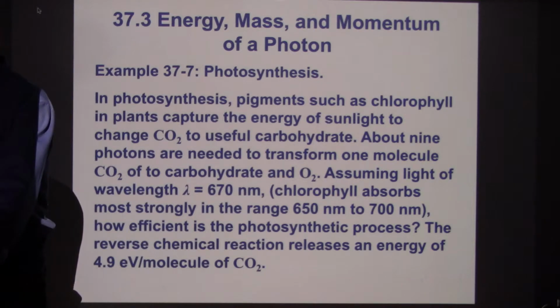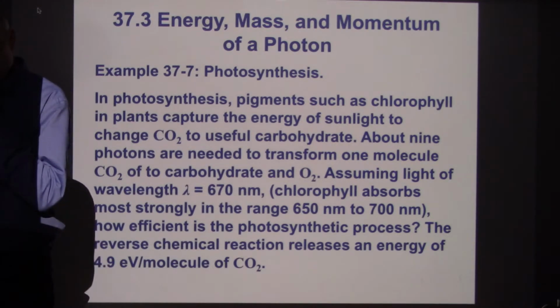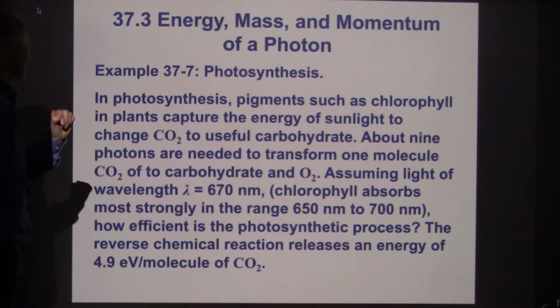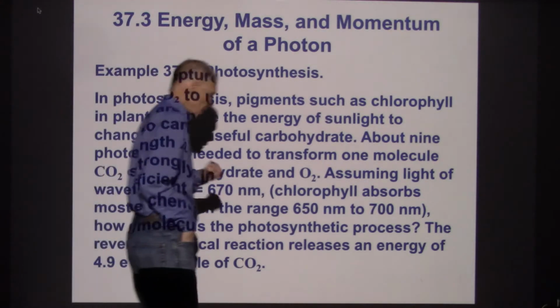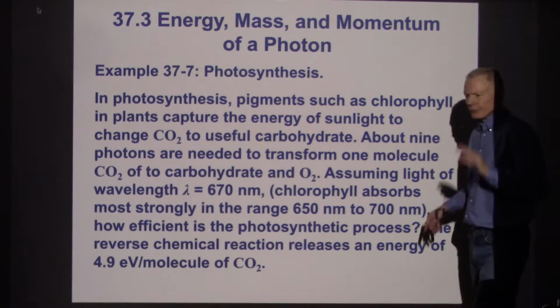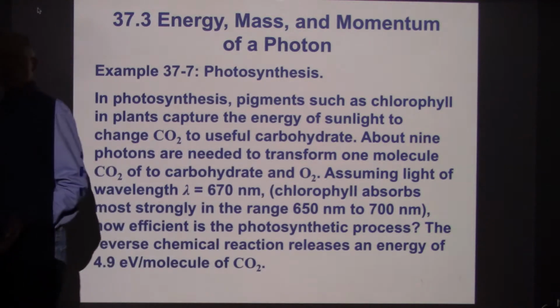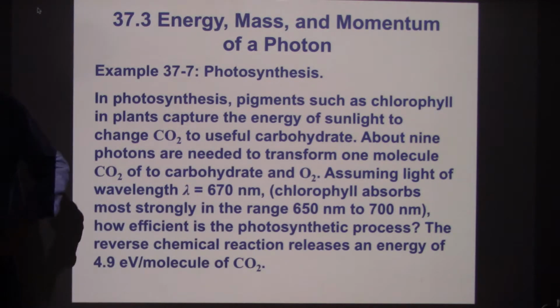Now what we want to do is take that carbon dioxide. What they're claiming here is right here. Here's the important information. It says it takes about 9 photons. And if you guys have taken molecular and cell biology and you've studied all of the photoreceptor mechanisms in plants, you realize that it's complicated.